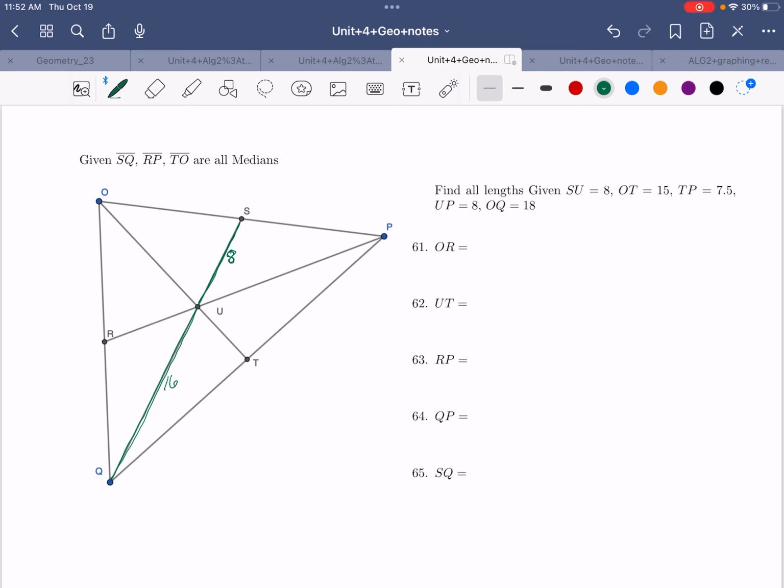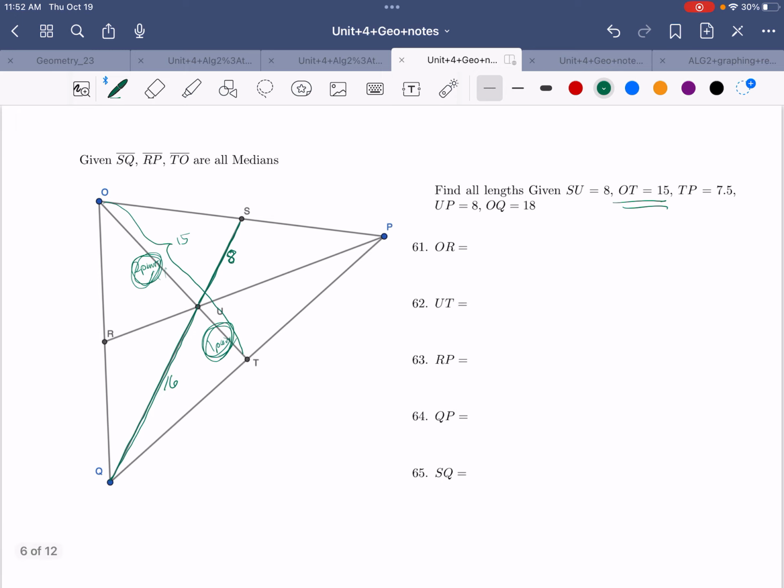However, I can also give you the whole thing. For example, OT. If the entire thing OT, from here all the way to there, is 15, 2 parts are here, and 1 part is here. Well, that's 3 parts.